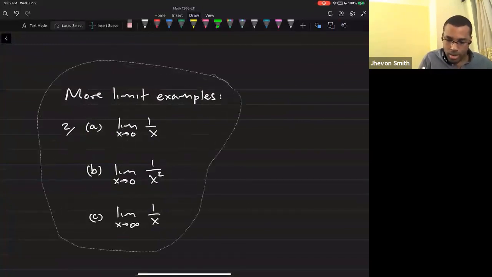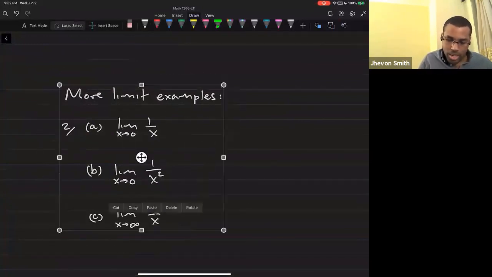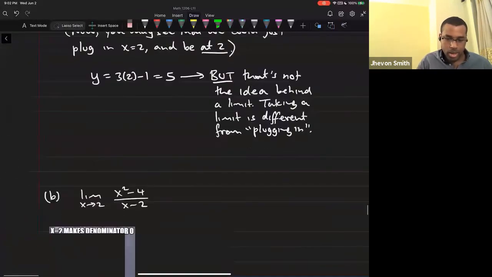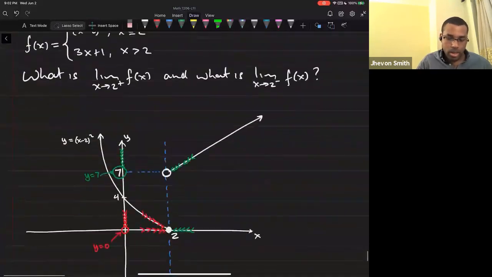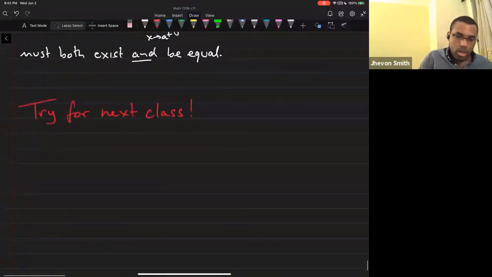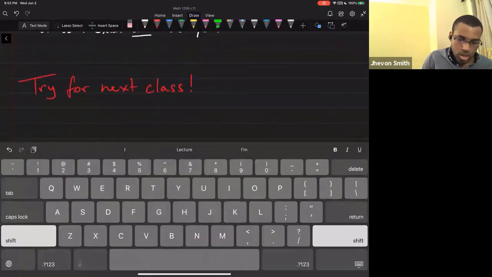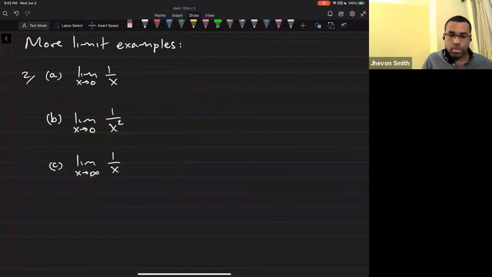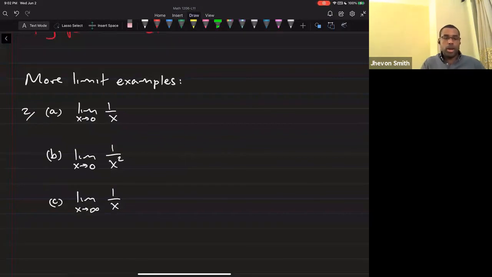Of course, I see in part C, infinity is in the mix, but just be very intuitive about it and try to tell me what you think the answer would be. So try these for next time. Tell me what you think the answers are going to be, and we'll stop there.